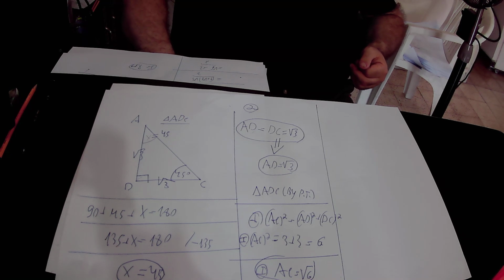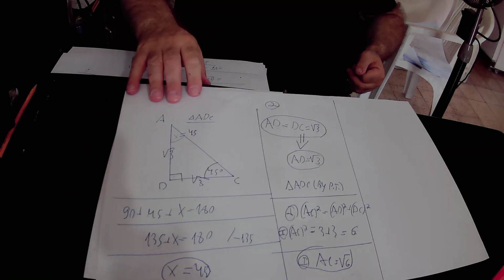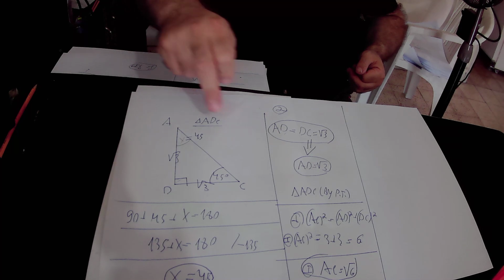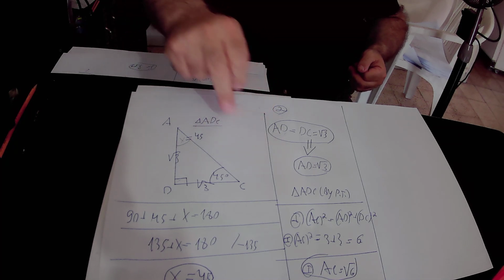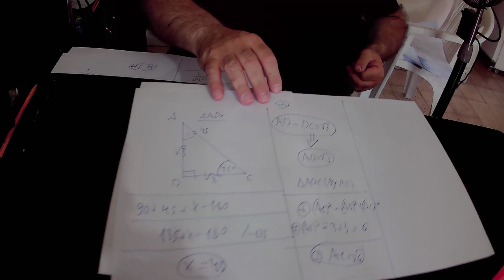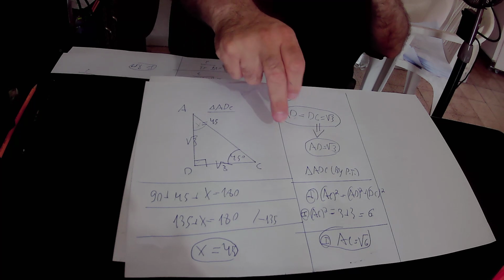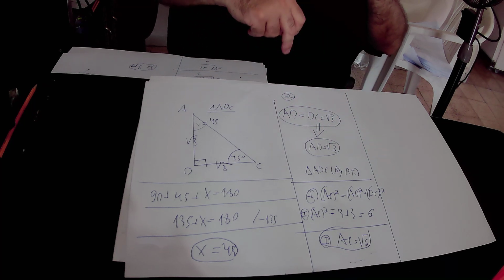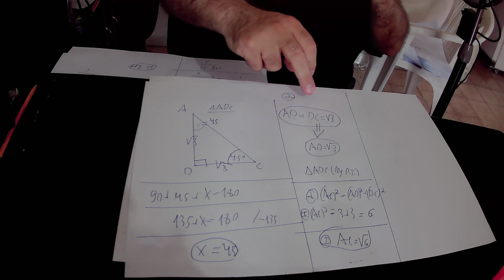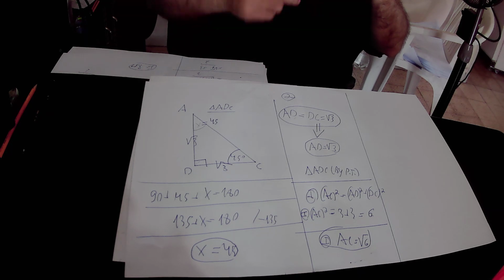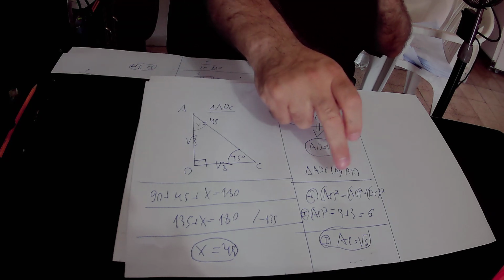Okay, in the next step, we implemented the Pythagoras theorem on the right triangle ADC in order to find the value of the hypotenuse. According to the Pythagoras theorem, the square of the hypotenuse equals the sum of the squares of the perpendicular sides. That is to say, AC squared equals AD squared plus DC squared. AD is square root of 3, so AD squared is 3.